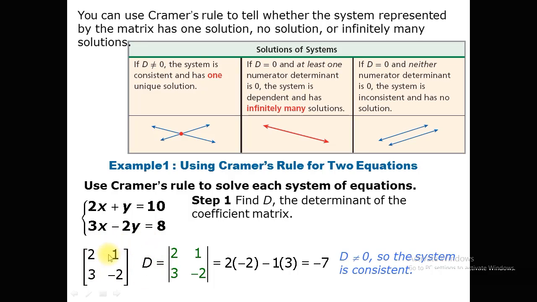To find the determinant, suppose we represent it by D. Then the determinant of this matrix is 2 multiplied by minus 2 minus 1 multiplied by 3, which is minus 4 minus 3, equal to minus 7. So the determinant of the coefficient matrix is not 0, so the system is a consistent system. Now to find the other determinants, Dx and Dy.